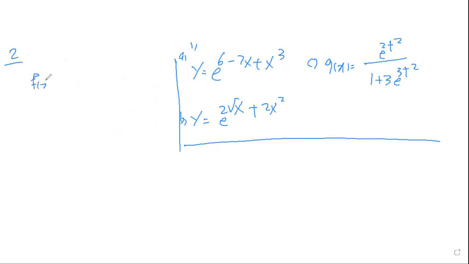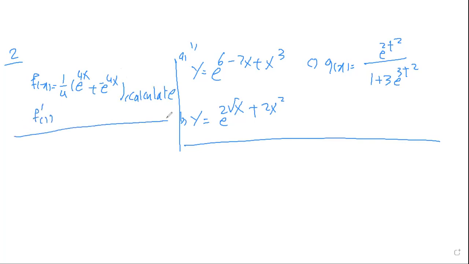Question 2: f(x) is, for instance, 1 over 4 times e to the power 4x plus e to the power negative 4x. Calculate f prime of negative 1 and f prime of 1.